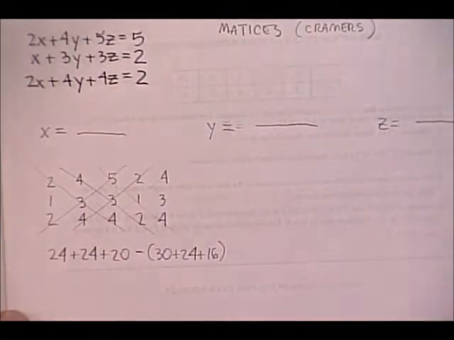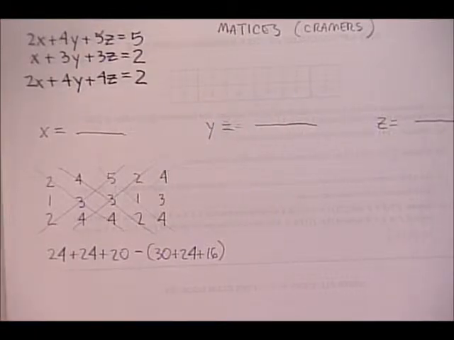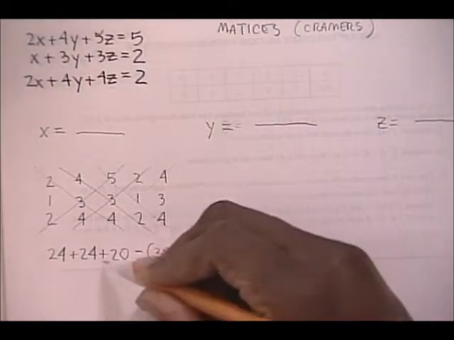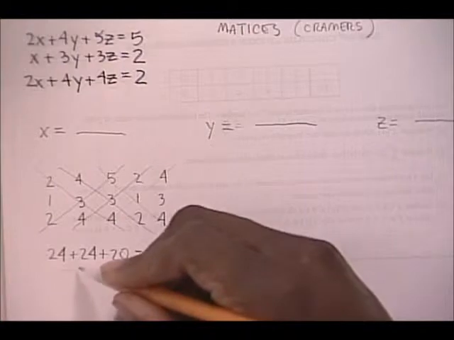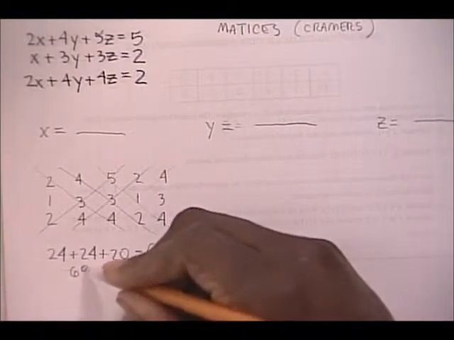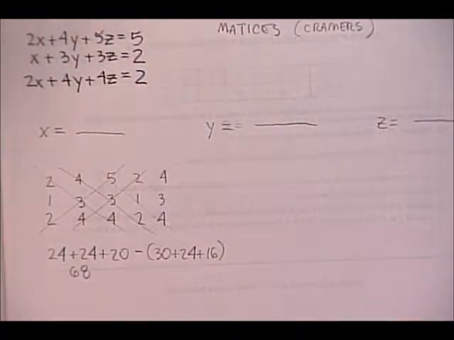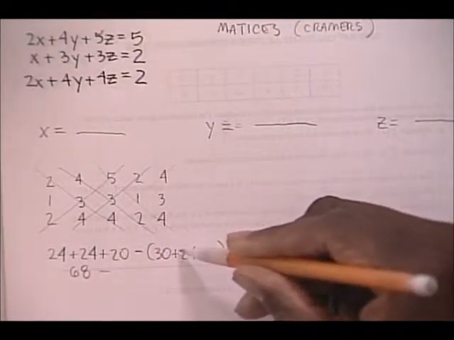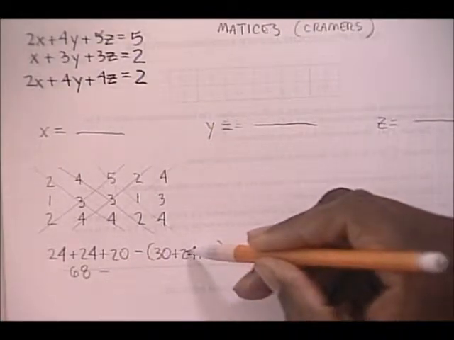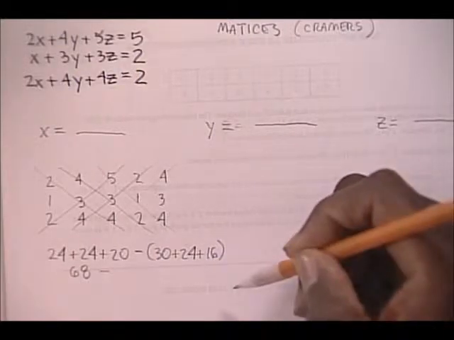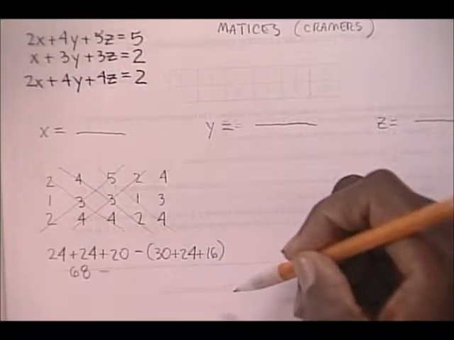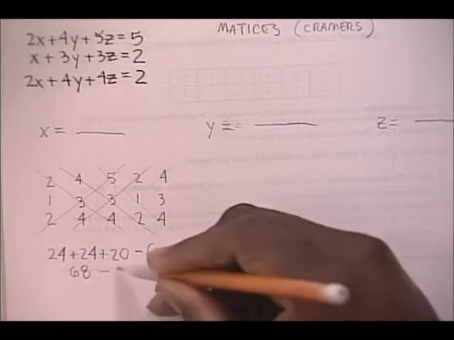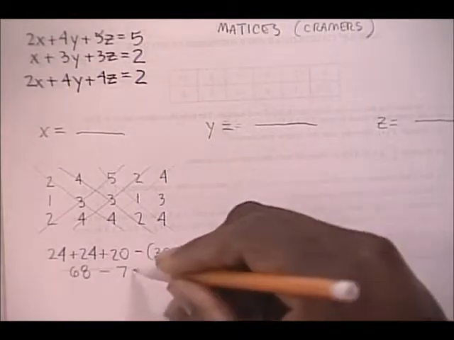The result of this is called a determinant. So we get 48 plus 20, which is 68. Minus 24 plus 16, that's 40, plus 30, that is 70.